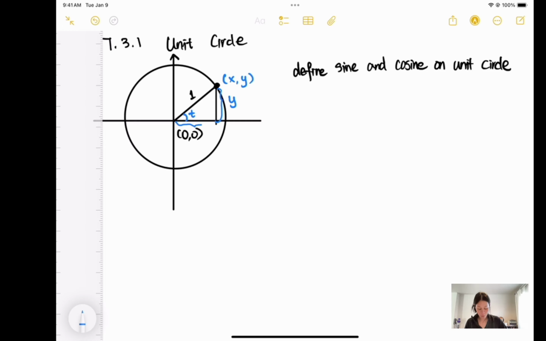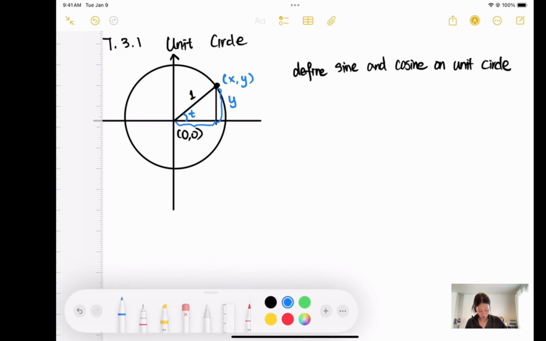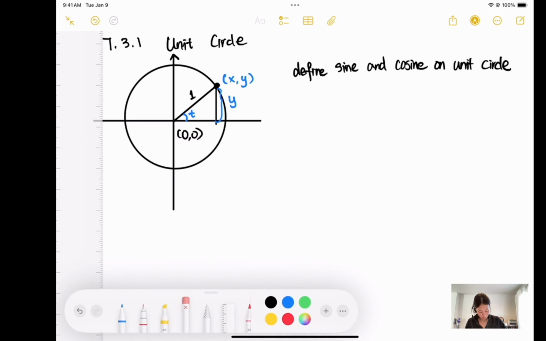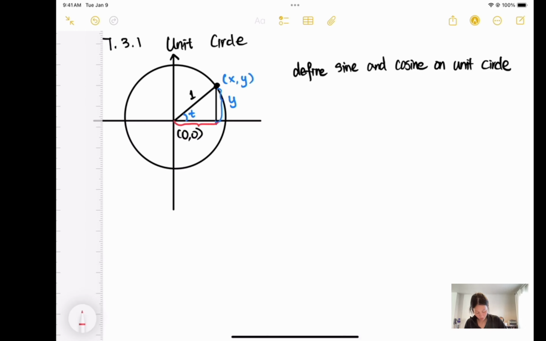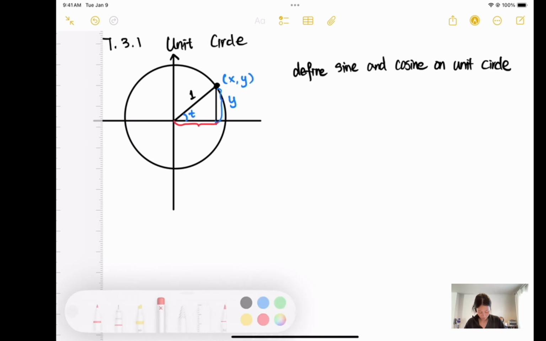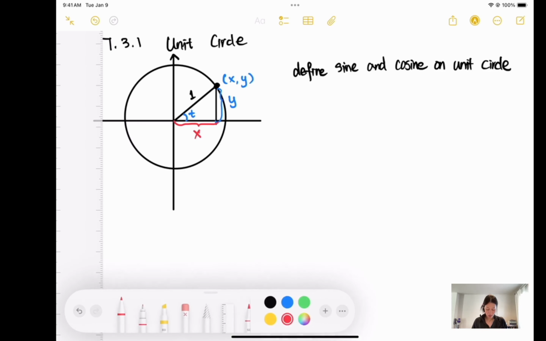Similarly, this part, let me use a different color, the length of this part is going to be equal to x. Okay, so now let's take a look at the angle T. In this triangle, it's a right triangle.